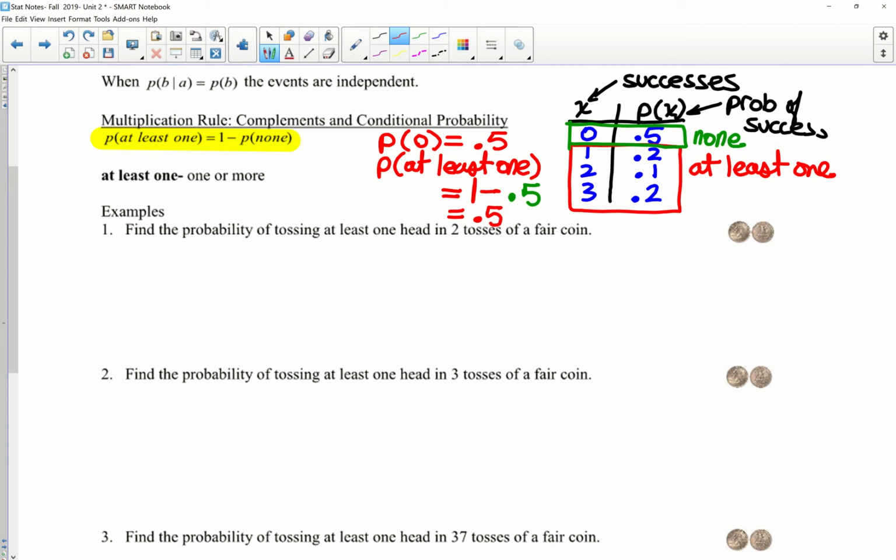To add up 300 probabilities, that would not be fun. To take one probability and subtract it from 1, I wouldn't call that fun, but I would say that's pretty easy. All right? So that's really what this is coming down to. It's a nice little nifty shortcut for figuring out the probability of having success in any capacity.